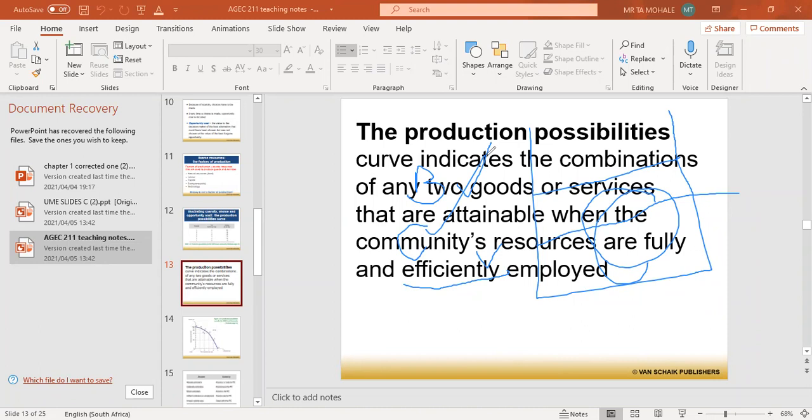So efficiency means producing more goods and services at lower cost without wasting any resources, time, or energy. So when you cook, you must cook at a shorter lead time. You must cook faster. When you bath, you must also bath faster so that your water does not evaporate. Efficiency means you don't waste time. You produce without wasting time, resources, or energy. So in that case, you'll be efficient.